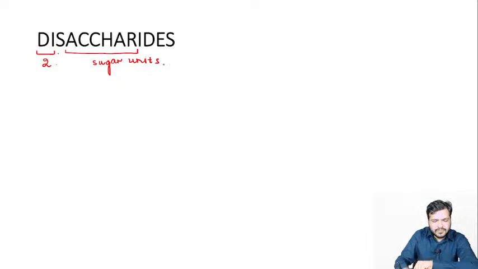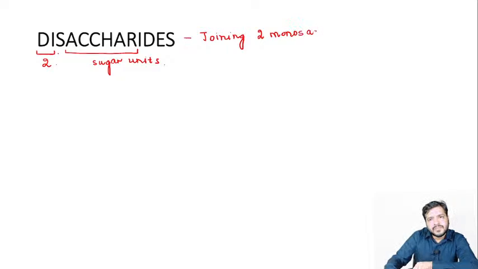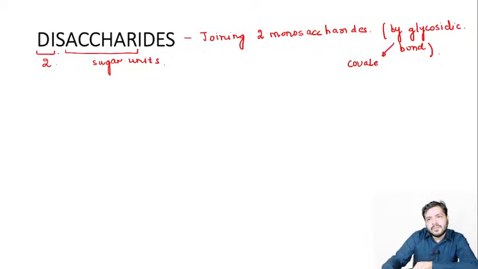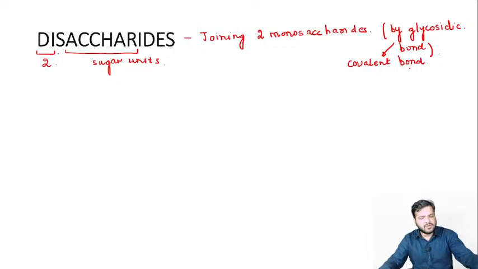So write down that it is joining two monosaccharides, and remember it is by the glycosidic bond, that is the covalent bond.